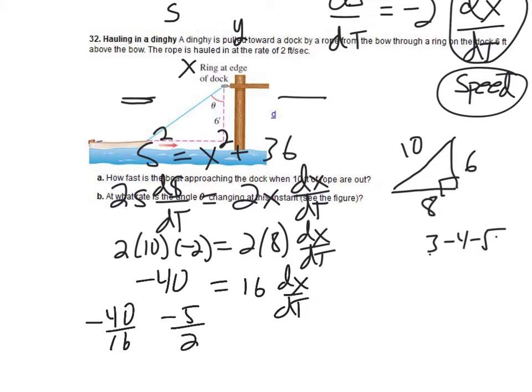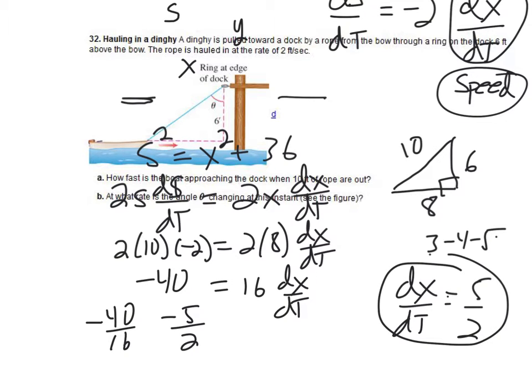If your version of MyMathLab is asking this, you'll want to write dx dt equals positive 5 over 2, even though technically it's negative because the distance is decreasing. But they're asking for speed, how fast. So that's that problem. Now let's hold on to that.